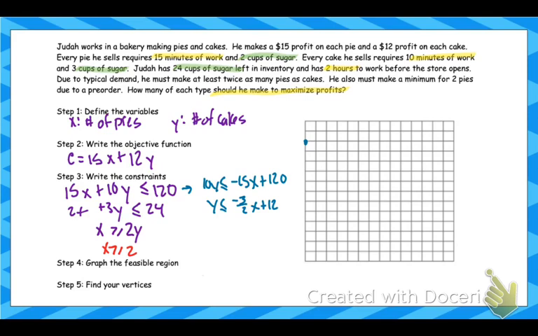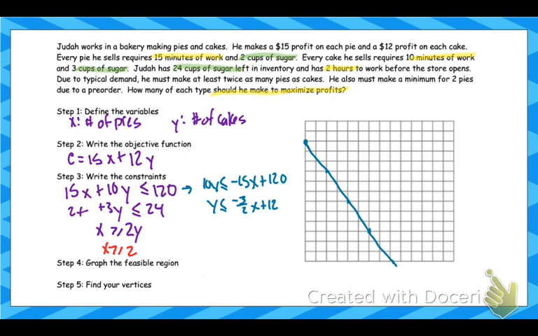Y-intercept of 12, slope of negative 3 over 2. I miscounted there a little bit. Let me fix that. That's a little bit better. There we go. All right, so there's the first one.